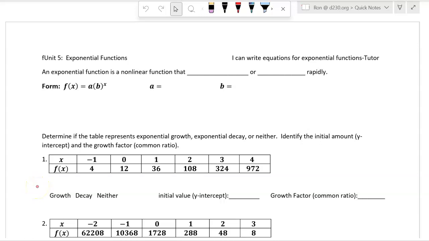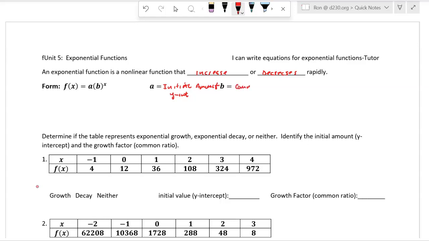So this video is on writing equations for exponential functions, okay? Remember, an exponential function is a nonlinear function that increases or decreases rapidly, okay? And in this form, we know A is our initial amount or our y-intercept.